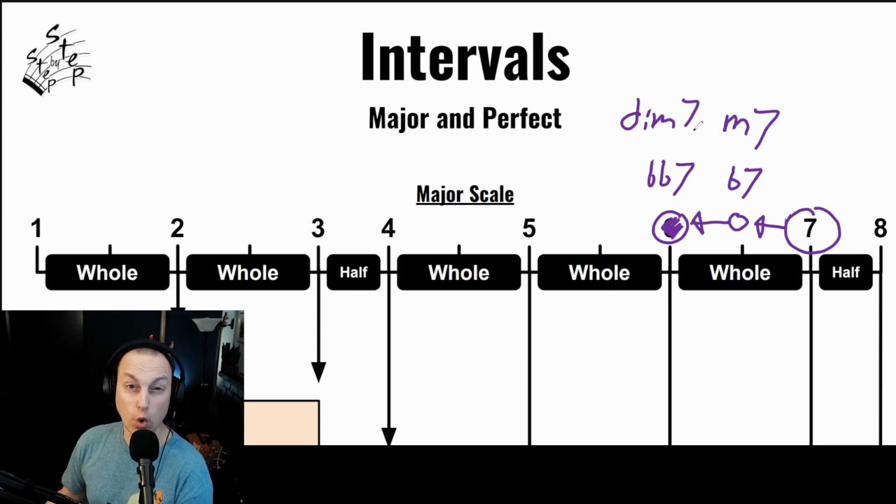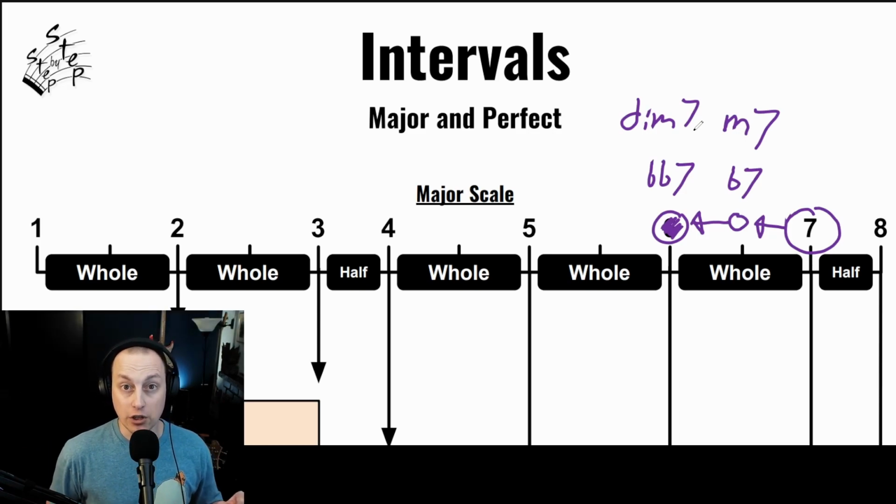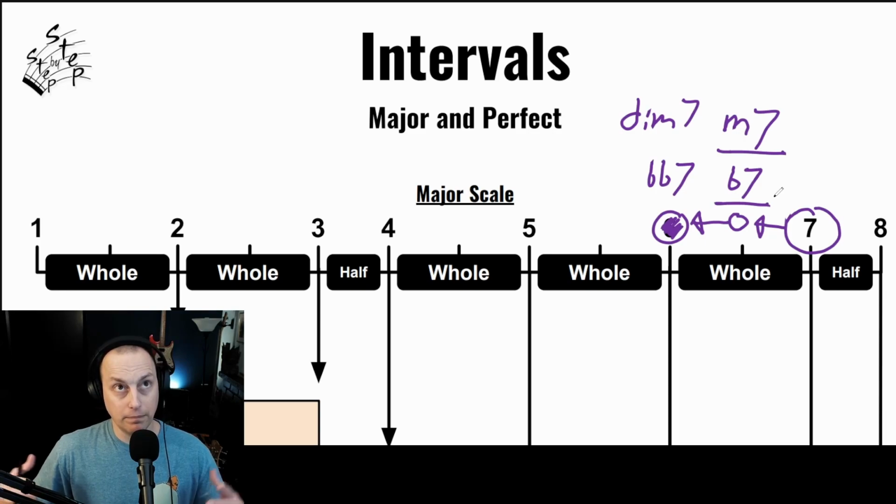So again, the rule is any major interval can be flatted 2 times, and we call it diminished. Another way to say that is that any minor interval, because remember we had a minor 7 here, can be flatted 1 time because it's already flatted, so it can be additionally flatted.